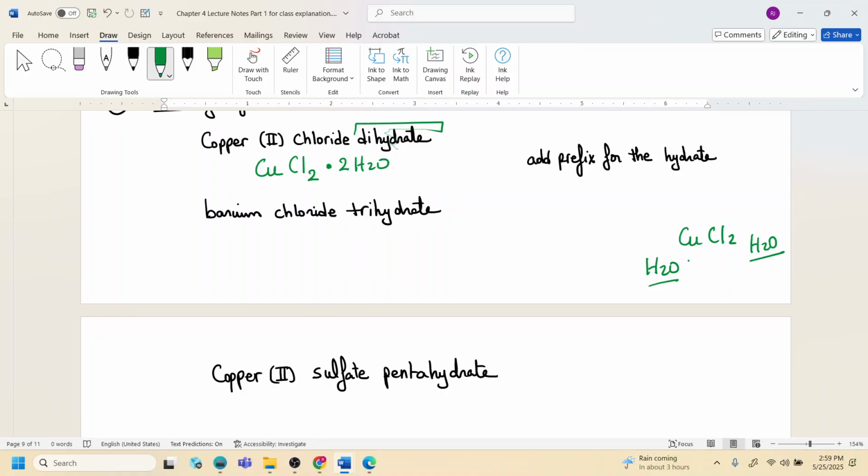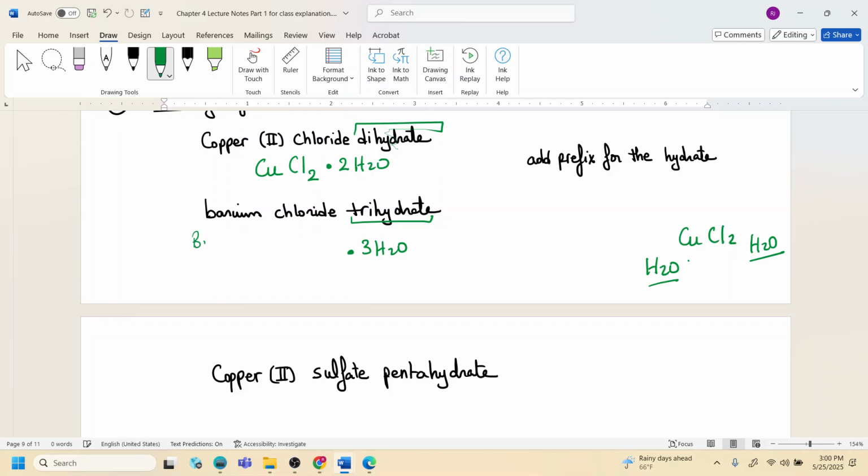You put a dot and then you put how many water molecules you have. So trihydrate, you put a dot, this is a 3. So this is 3 water molecules, and then you draw the molecule there. Barium chloride. Barium is group number 2, you guys. So copper is a transition metal. Barium is a regular metal. So you have barium, you have chloride.